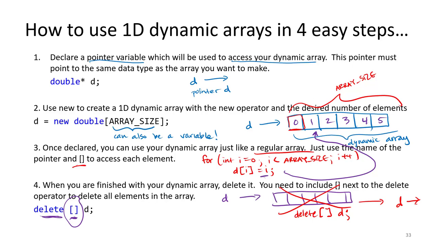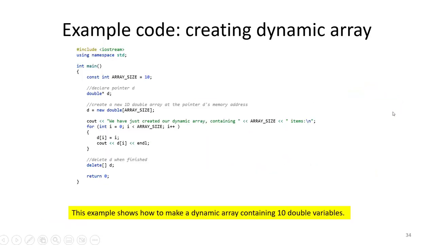Let's go ahead and take a quick look at an example of creating a 1D dynamic array. So this example shows one way of making a dynamic array, and we have this global constant array size.